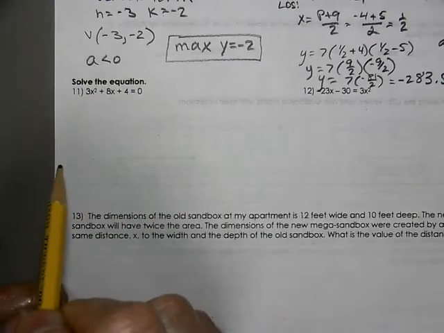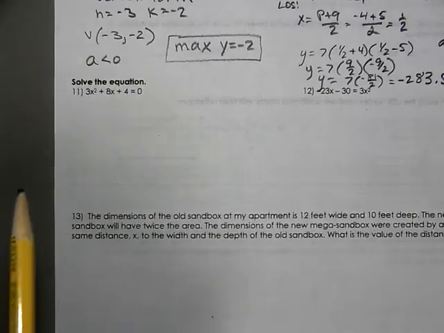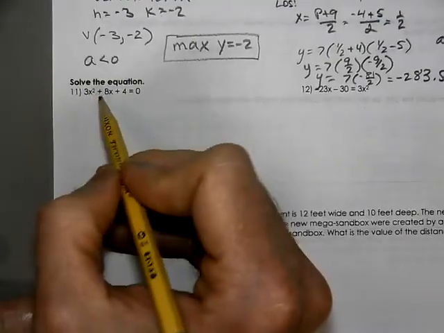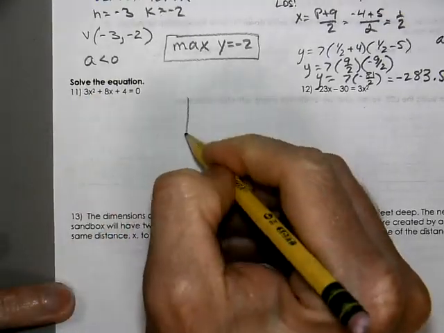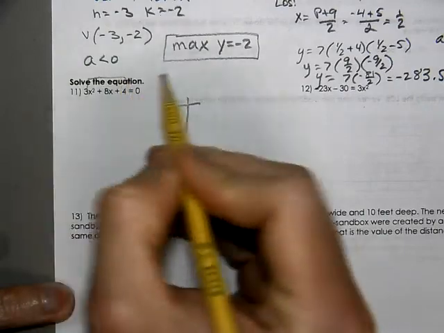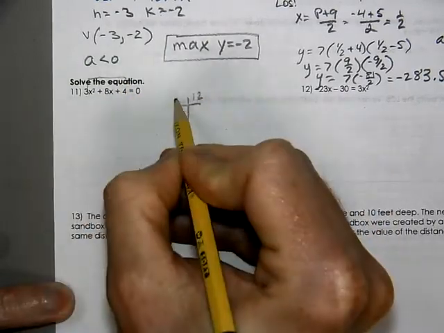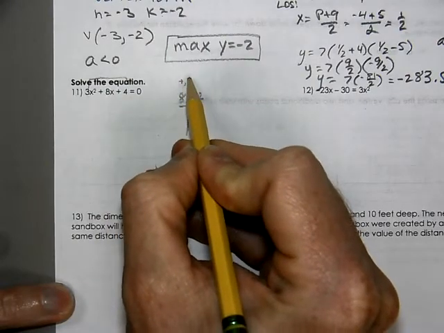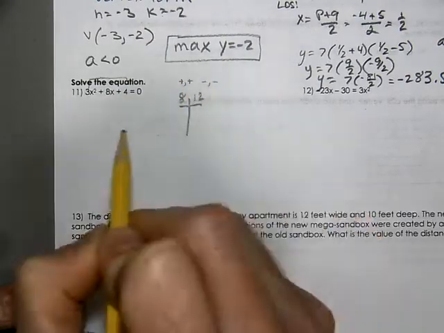We're going to solve the equation. You can solve the equation multiple ways. The way that we've learned recently is by factoring. So we're going to factor this guy. We're going to take our a times the c to get 12. Adds to be 8. We know that the two signs either both have to be positive or both have to be negative.